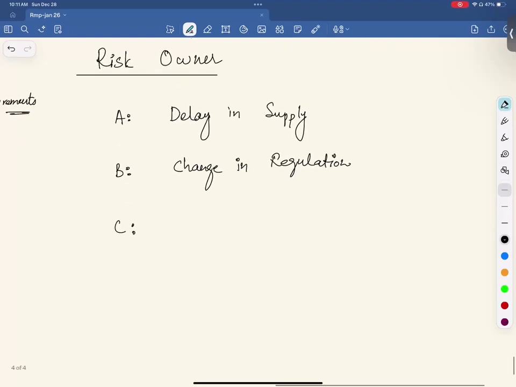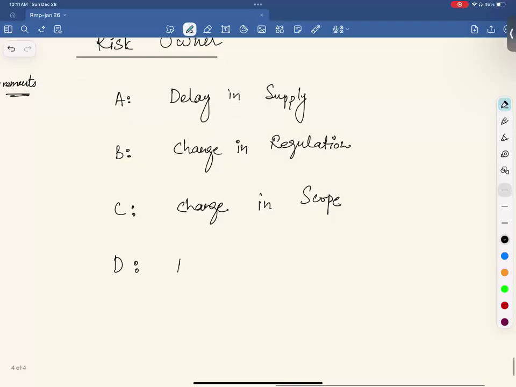C is change in scope. And then no funding.